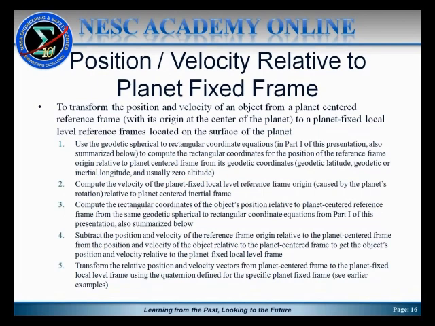And then finally, those increments would still be relative to the Earth-centered inertial frame's axes. So then you would want to transform those position and velocity increments from Earth-centered inertial frame to the specific planet-centered frame that you're interested in using, and that would be step 5 as shown there.